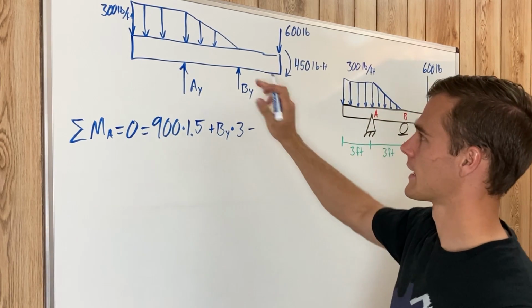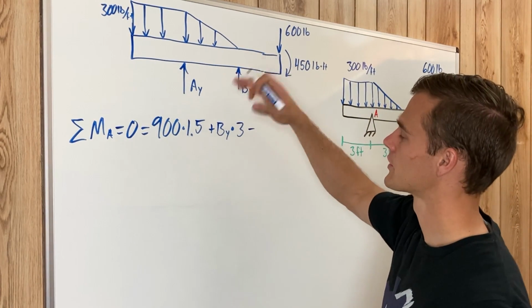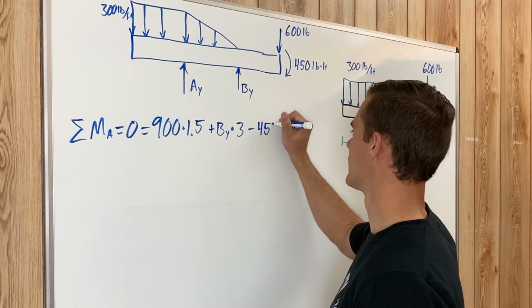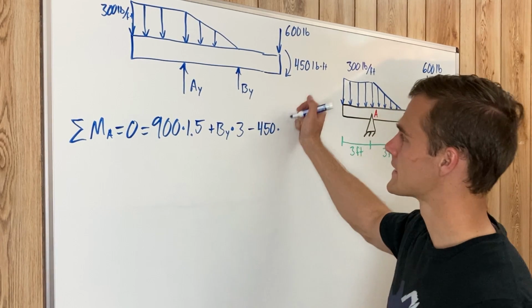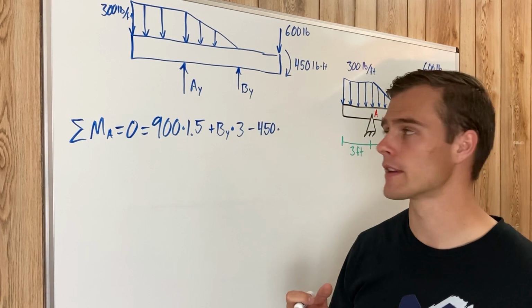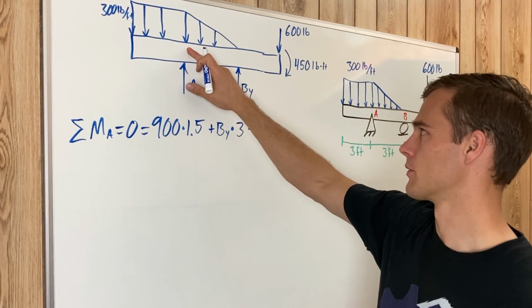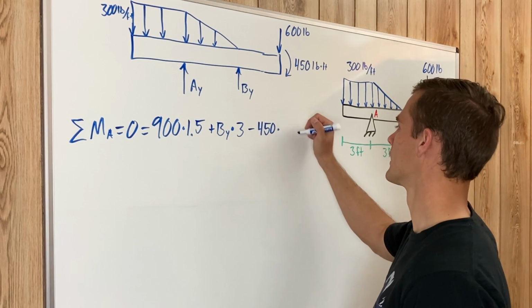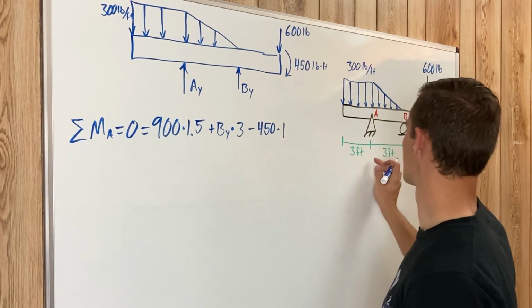That is going to cause clockwise rotation, so we'll say it's negative: negative 450. Its center of gravity is 1/3 along its length away from the right angle of that triangle, so 1/3 along its length is 1.